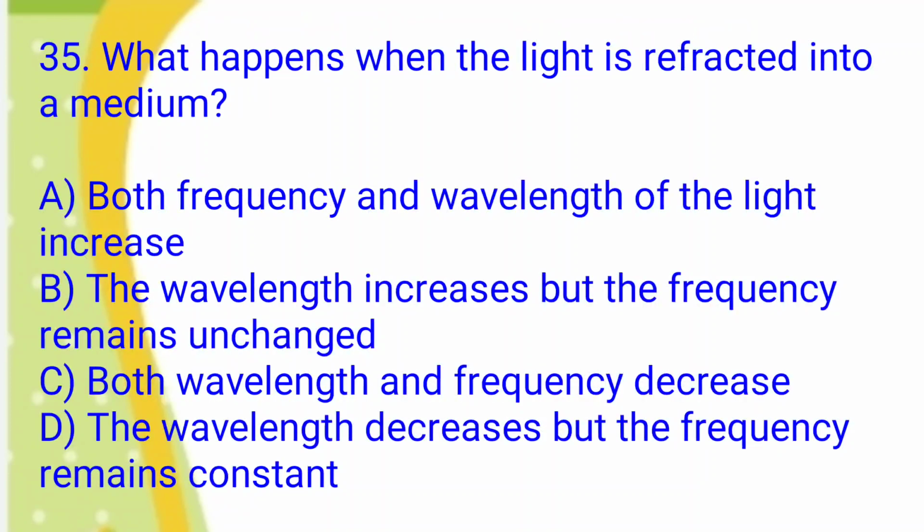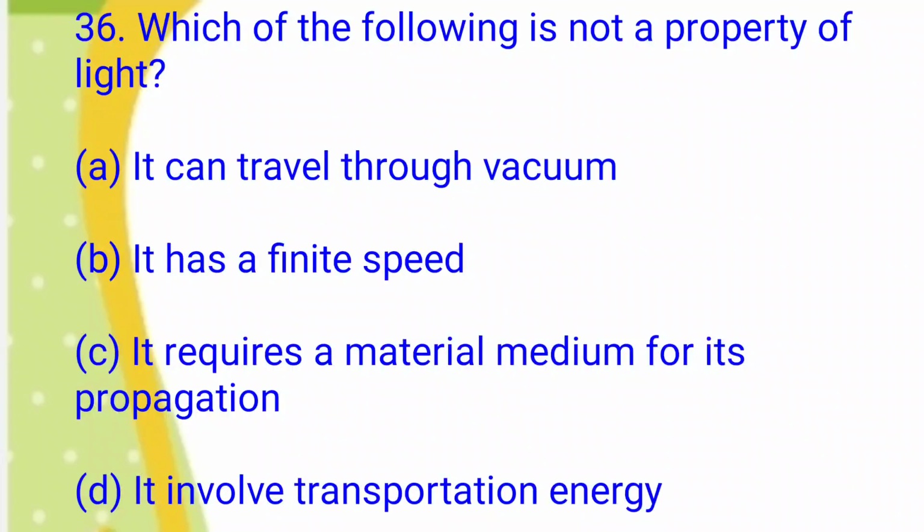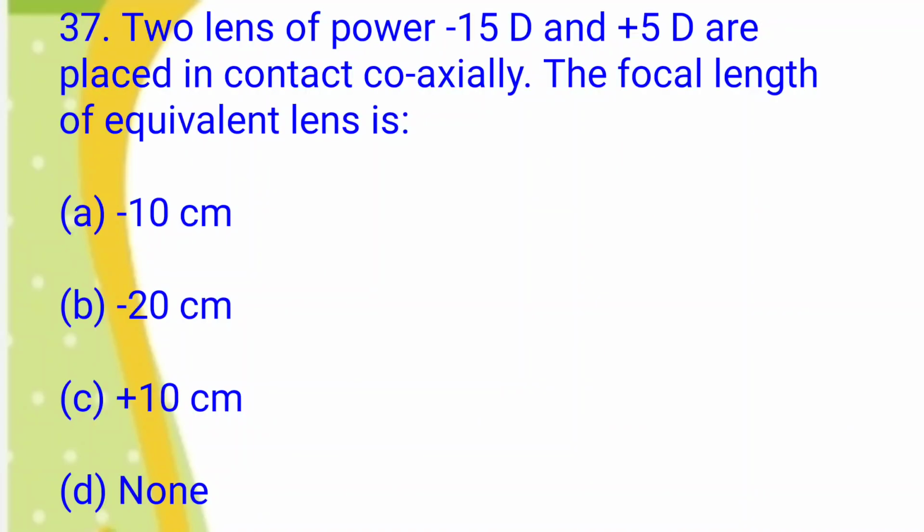Sound waves. What happens when light is refracted into a medium? The wavelength increases but the frequency remains unchanged. Which of the following is not a property of light? It requires a material medium for its propagation.